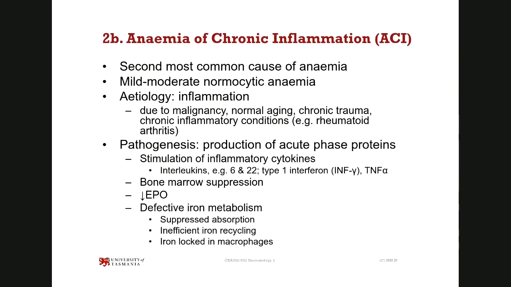So you can see here that, as we know, the etiology is the inflammatory cytokines that are produced, which have a direct effect on the bone marrow, as you can see down here, and also they're able to suppress erythropoietin production by the renal tubule cells in the kidney, as well as suppressing absorption of iron and also iron recycling.